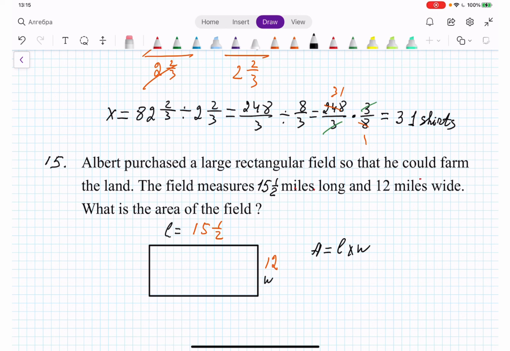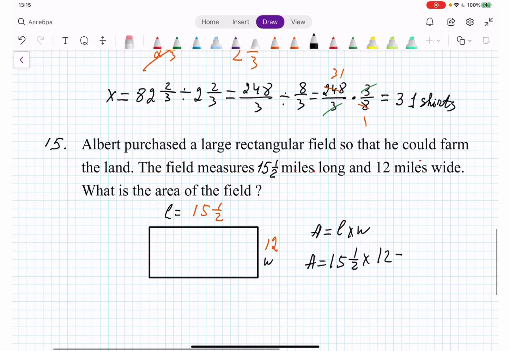Okay, that is equal. So area is equal 15 1/2 times 12, which is equal 15 1/2, it's 31 over 2 and times 12. 12 and 2 I can reduce by 2. This is 1, this is 6. And the overall area is going to be 186 square miles.